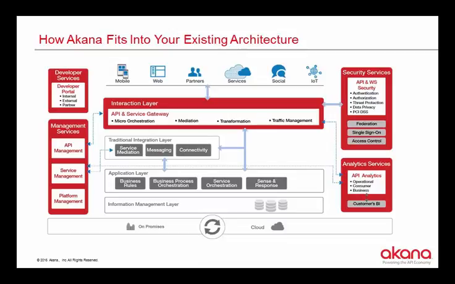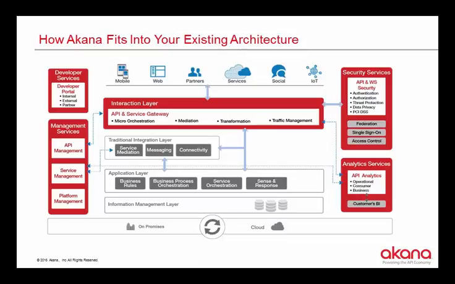So this is the interaction layer. The stuff that Ian was showing falls into this micro-orchestration, mediation, and transformation category, and that implementation layer inside the demo that Ian was showing fits in here. It's part of the integration capabilities at that interaction layer.